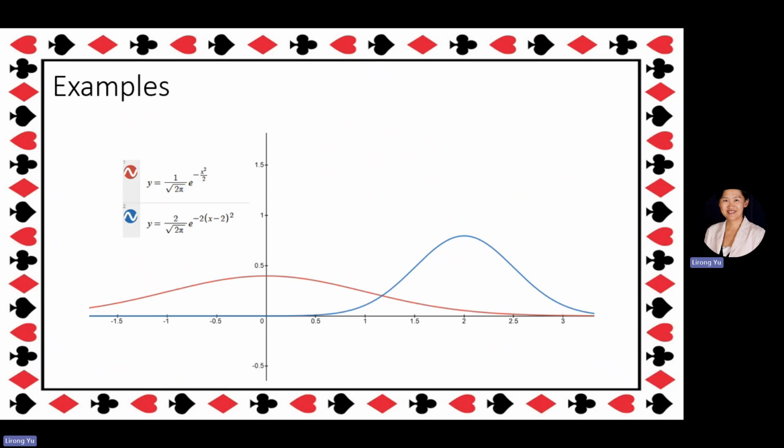Other than that, it's e to the negative squared power. If you compare that with our exponential distribution, we have e to the negative x over theta, right? So in the exponential distribution, the exponent of e is the variable to the power 1. But in the normal distribution, it is e to the negative variable squared. And that's the difference.